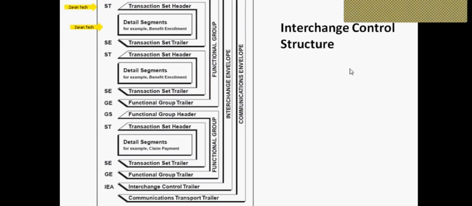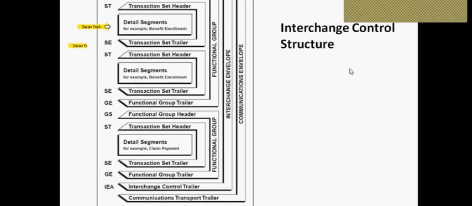The transaction set is at your billing provider. For example, I am one particular hospital called Henry Ford Hospital, right? All the claims pertaining to this one particular provider are organized into a segment. That means the header and a trailer, ST and SE, and within that is one billing provider. All the claims are here.